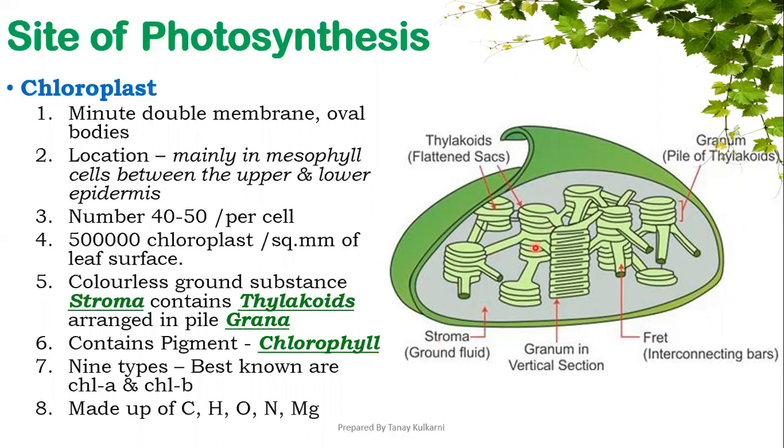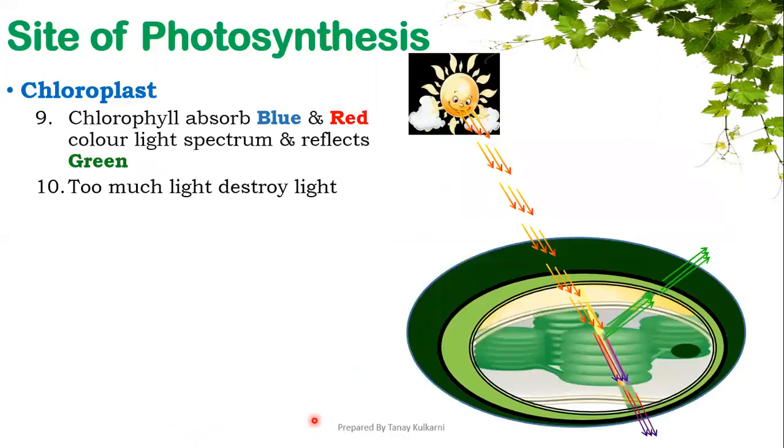The wall of the thylakoids contains a pigment. That pigment is called chlorophyll. There are 9 identified types of chlorophyll, but the best known are only 2, chlorophyll A and chlorophyll B. All the types of chlorophyll contain carbon, hydrogen, oxygen, nitrogen and magnesium. Chlorophyll absorbs the blue and red light spectrum from the visible light or sunlight and reflects green.